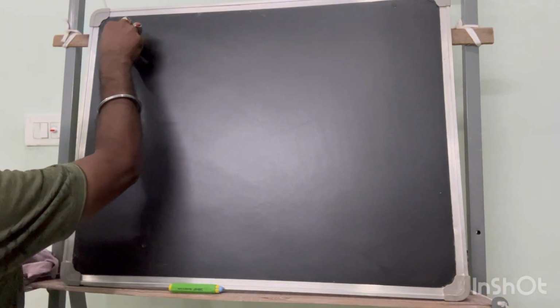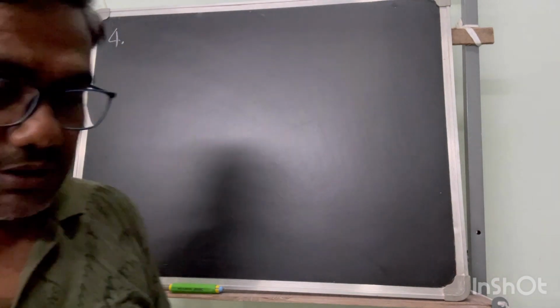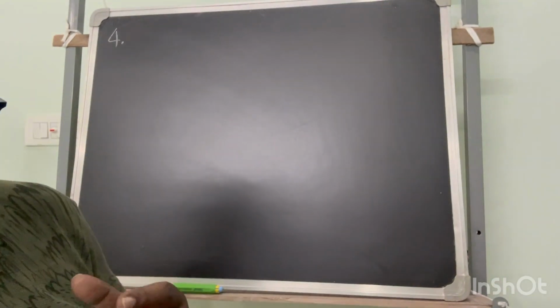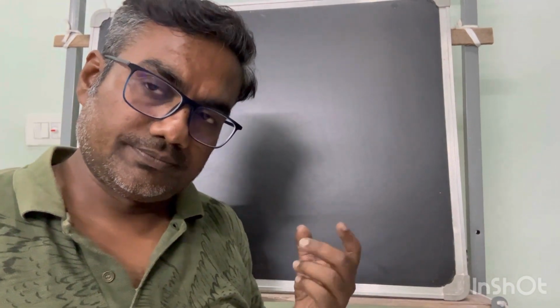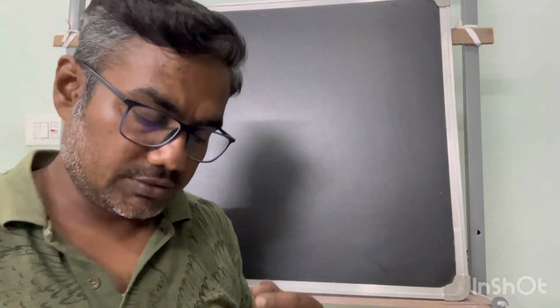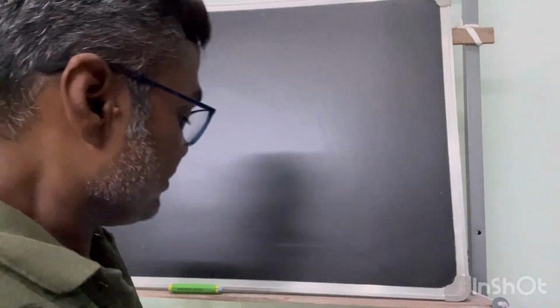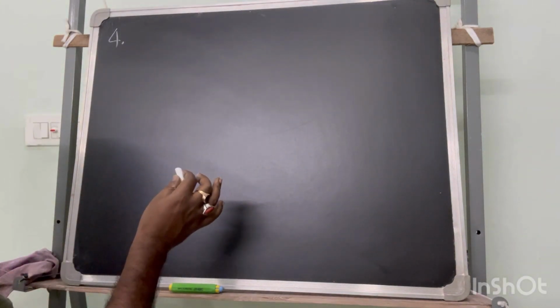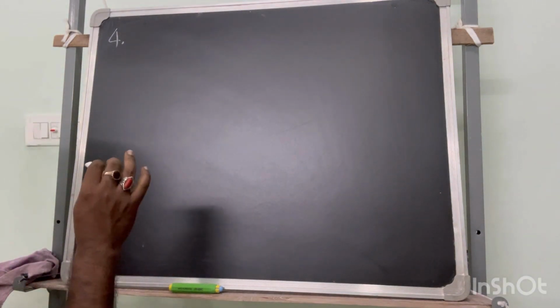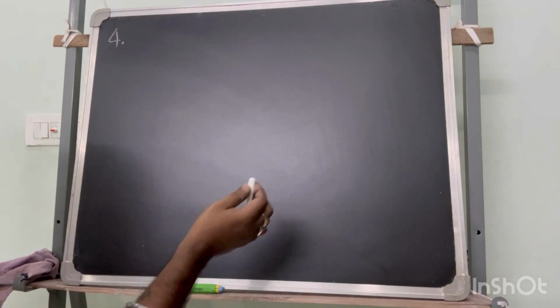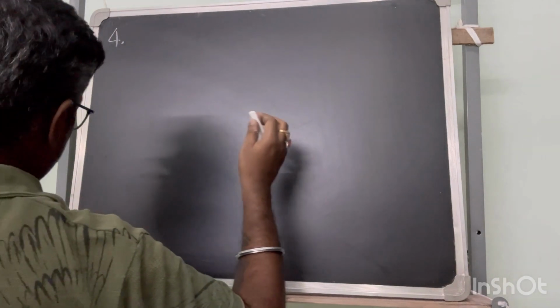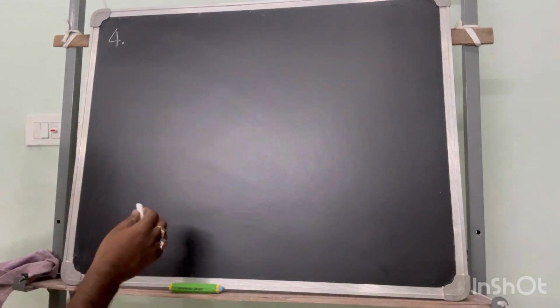Now, the fourth kind of quadratic equation solution. I have solved by factorization, and by completing the square, directly from the formula for roots.